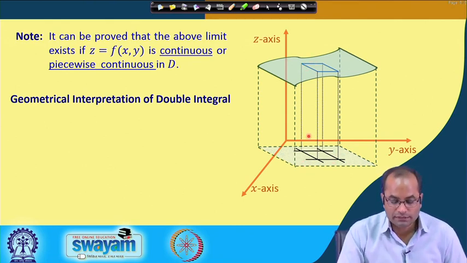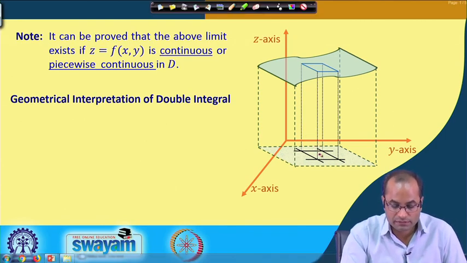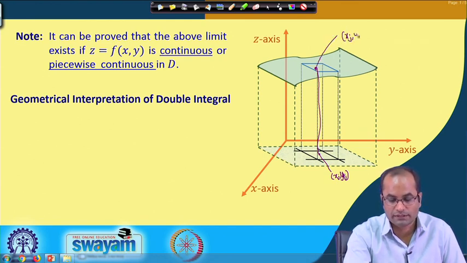We take a point in this subregion, which we usually denote by (x_j, y_j), and corresponding to this point we have a point on the surface, with coordinates x_j, y_j and f(x_j, y_j).